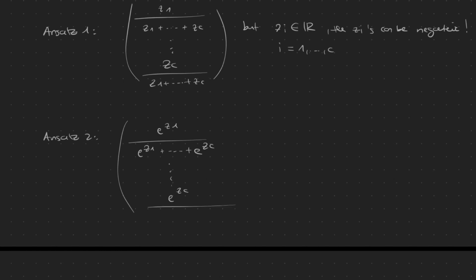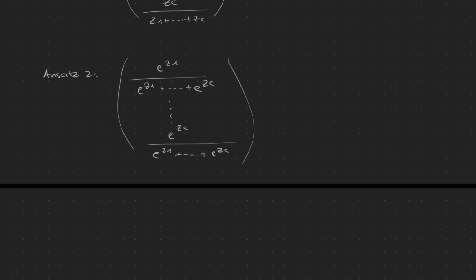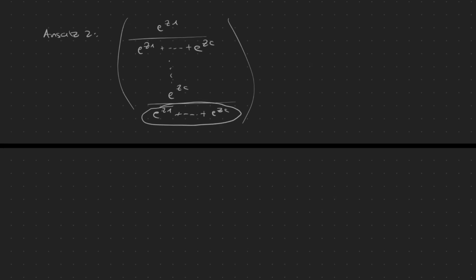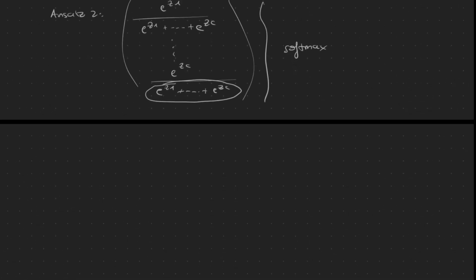We do the same for each element up to e to the power of zc, and again the normalization factor. Okay, so far so good. This denominator would be the same for all the elements. It's the normalization factor, such that we get a probability. And this here is the softmax.